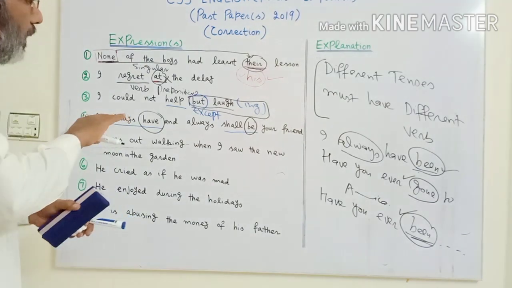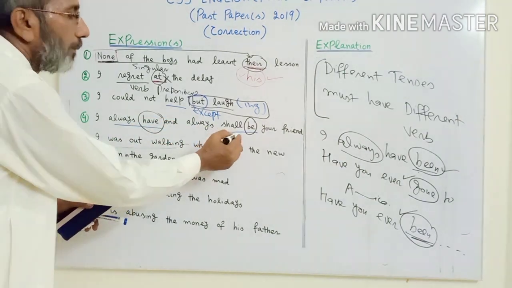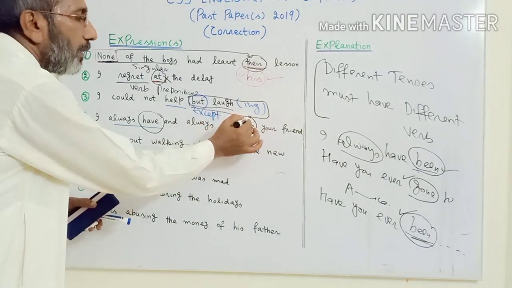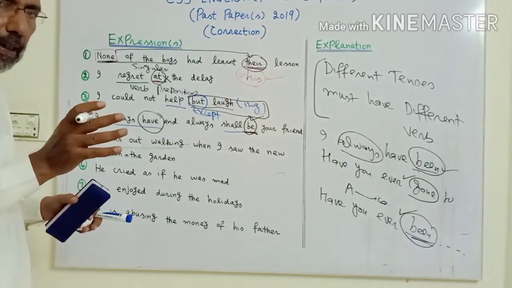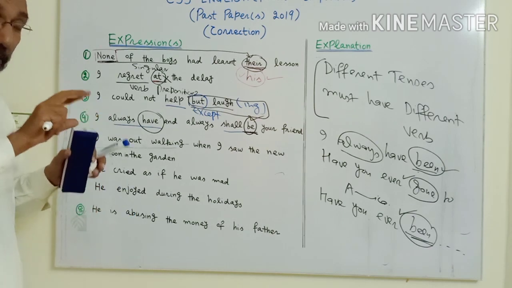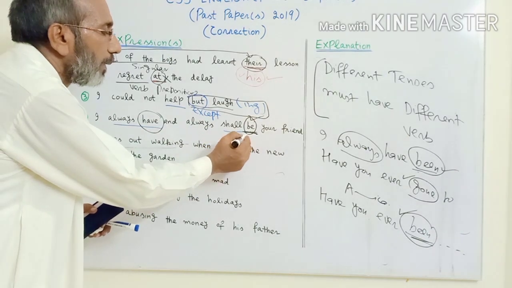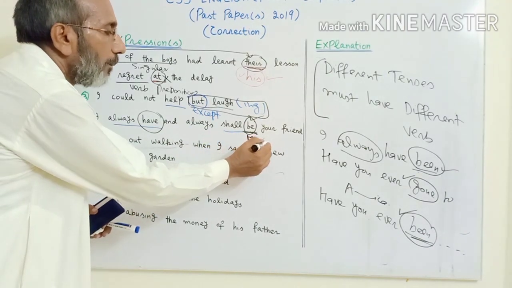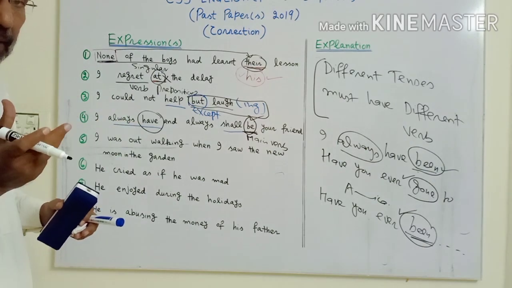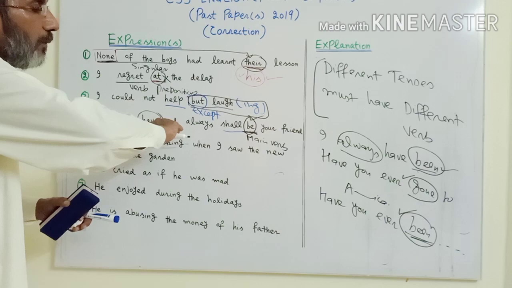Okay? And in this expression, I always shall be, what would it be? In routine, we use the word be once again as a sort of helping verb. But over here, be is showing that straight. It is once again being used as main verb. I shall always be your friend. Because you don't find any verb in this.